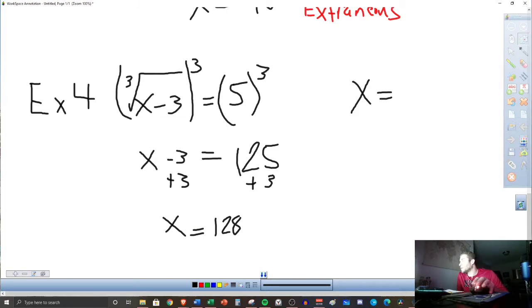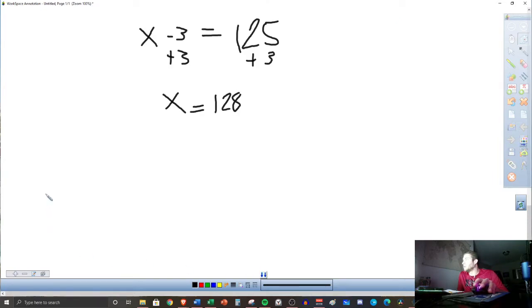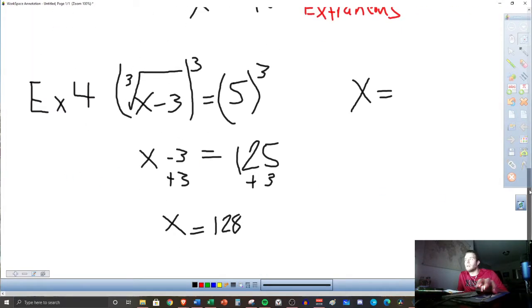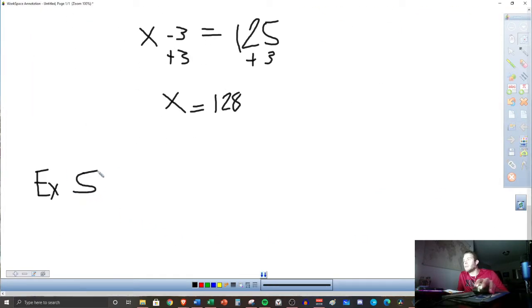Let's do another one. I'm just gonna make one up. Example 5. So we're gonna do cube root.